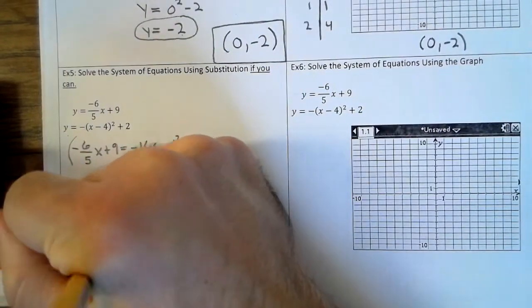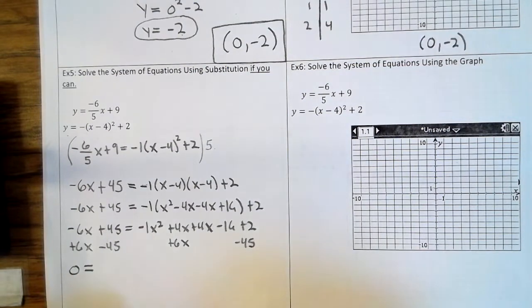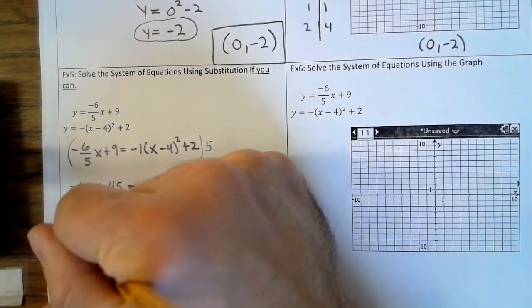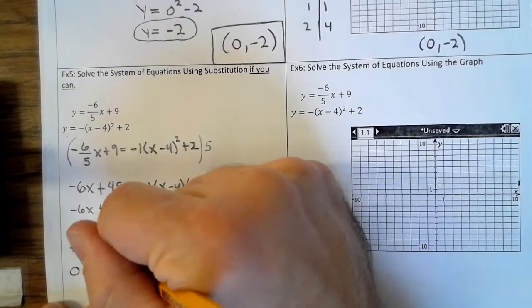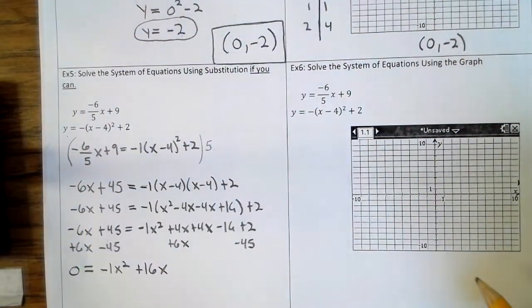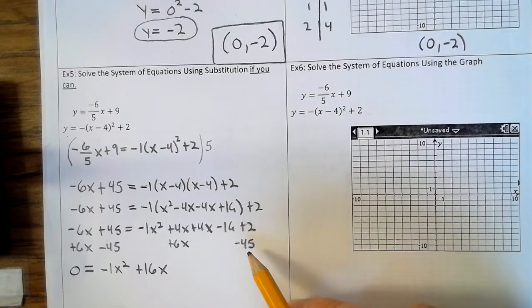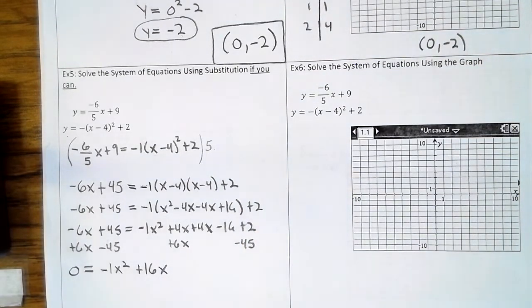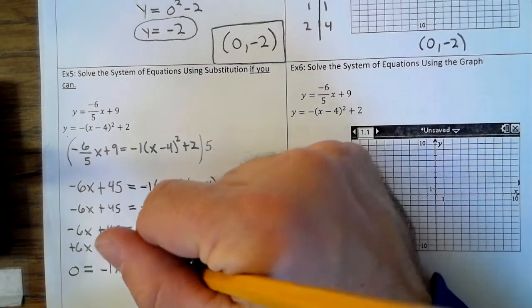We're going to add 6x to both sides and subtract 45 from both sides. So then we get 0 = -1x^2 + 16x, and then minus, let me grab a calculator so I don't make a mistake on that, 59.